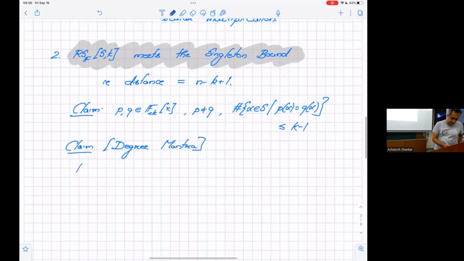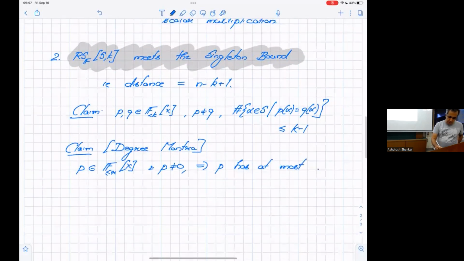So P belongs to F, degree less than or equal to R in X, and P is not 0, then P has at most R roots. And R roots not just in S or anything, R roots period.